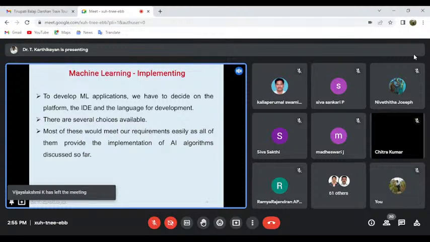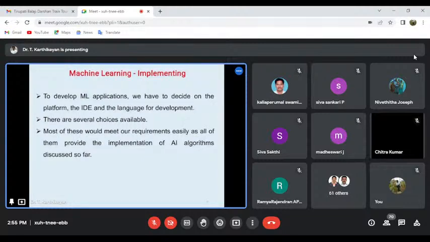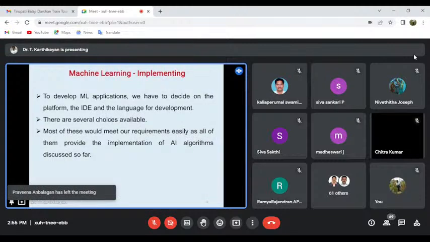The first one is the language of our choice. We can use different types of languages to design the machine learning algorithm or to build a machine learning application. This is essentially our proficiency, so we cannot just choose any language. The language here is nothing but a computer language.